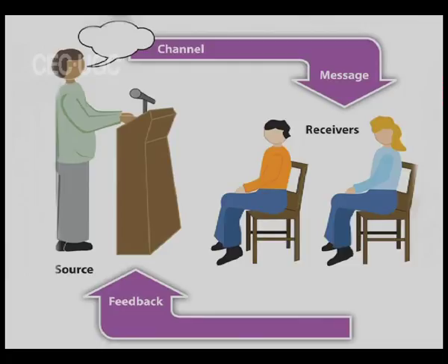Filtering is another very commonly used method in the communication process. What happens during filtering is the sender manipulates the information in such a way that he or she believes it makes the communication more effective. But in reality, what happens?